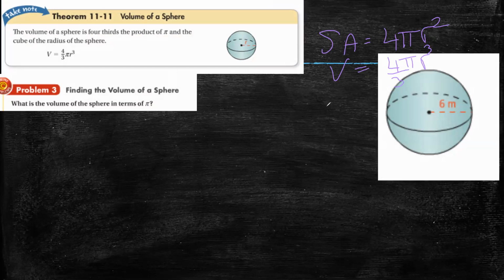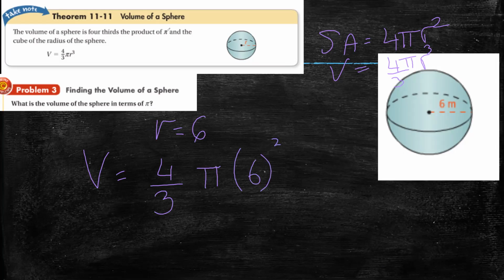Let's see this example here. This is a sphere with a radius of 6 meters. So the radius here is 6. The volume will be 4 over 3 pi times 6 cubed.